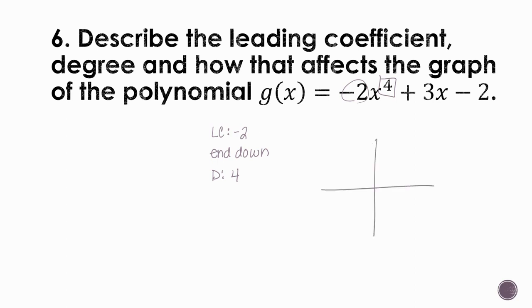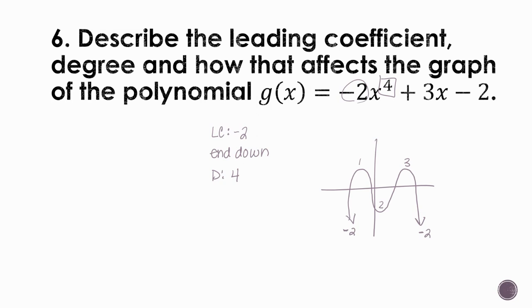So if I were to just draw a quick sketch of this, it would look something like this. Okay? I know it's a quartic because it has 1, 2, 3 humps. The leading coefficient is negative, so it ends down, which means that it also starts down. Okay? That's what that -2 tells me.